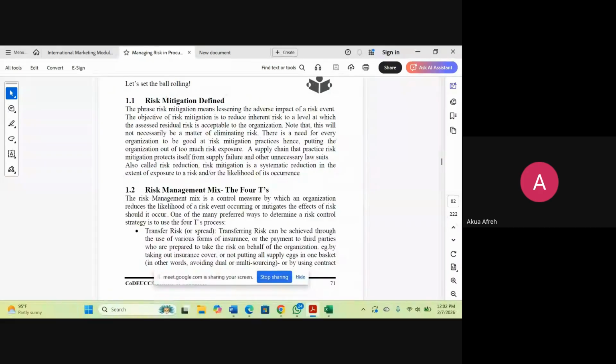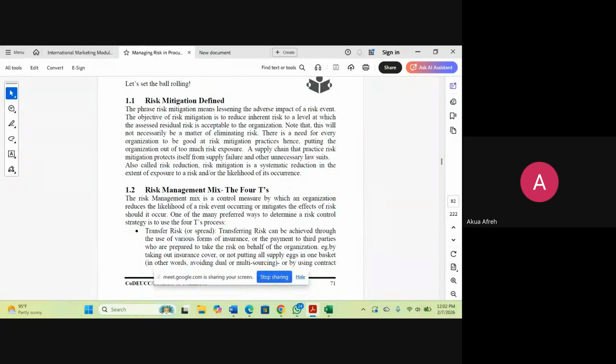And then we also said that the residual risk is the risk that remains after controls have been taken or actions have been put in place. So after your solution, how much risk is left? So with risk mitigation, we try to reduce the risk that we have currently to a level at which the assessed residual risk is acceptable.